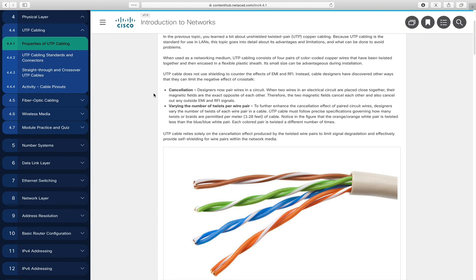The reason for that is you work at higher frequencies, which is how you move data faster. So as new technologies come out and move data faster over copper wiring, that increases the possibility of crosstalk. And by putting more twist per inch, that helps reduce the crosstalk. So that's why we have mentioned the twist per wires.